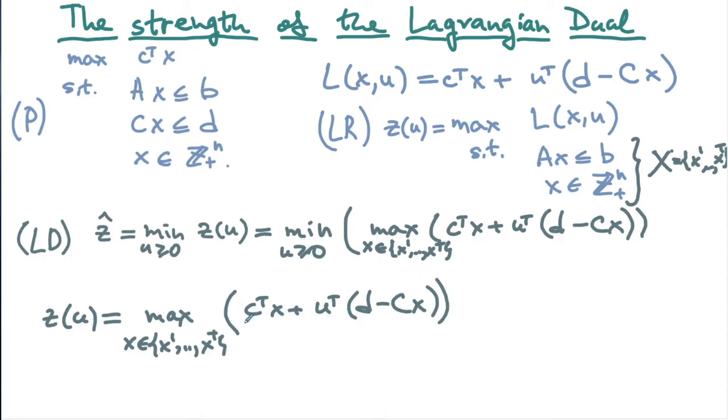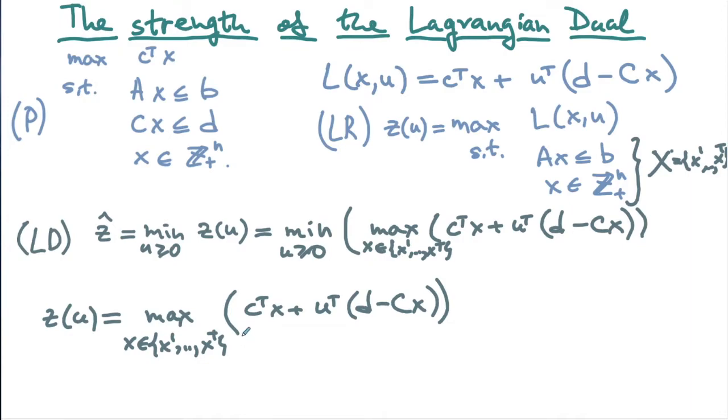Clearly these are all linear functions of u, so when I plug in x equal to xi for any of these points that belong to x, we obtain a linear function, and essentially z of u is a pointwise maximum of a set of T capital linear functions.